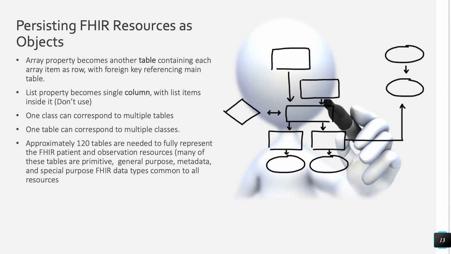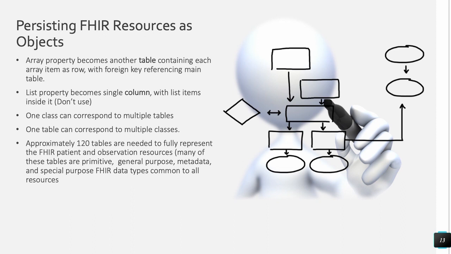So if you're going to persist these, not just exchange them, but persist them, we would like to convert some of those array properties into additional tables, where each table captures an object that is being described. So I've used the array property versus the list property, which would just give us a single column.